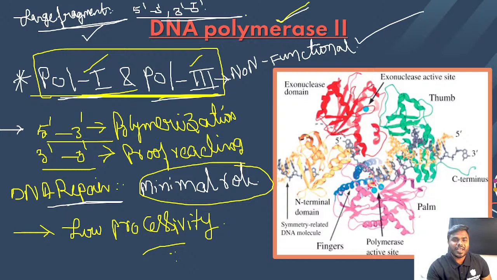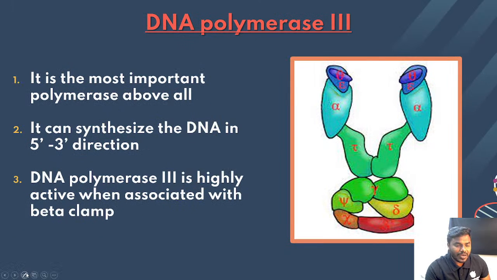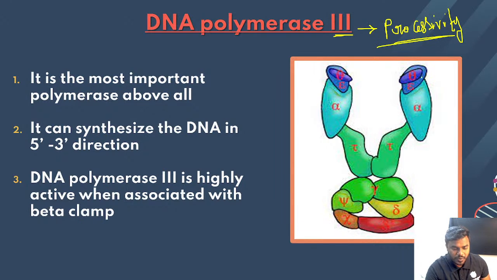Now, friends, compared to DNA polymerase 1 and DNA polymerase 2, the most important enzyme is DNA polymerase 3. I am reminding you, DNA polymerase 3 is said to be the most important and principal enzyme exclusively because of its highest processivity.